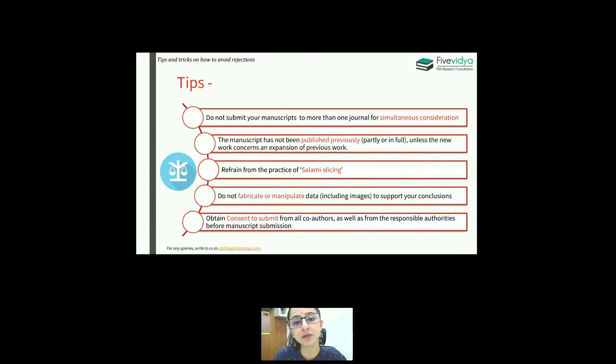Also, you should refrain from the practice of salami slicing. Here comes the question, what is salami slicing? I can explain this with an example: if you have chosen a topic, or taken a research article which is very vast, and you scholars divide it into 3 or more parts, and with those chunks you prepare 2-3 submissions and submit them for publication, which is a big no. You should avoid that.